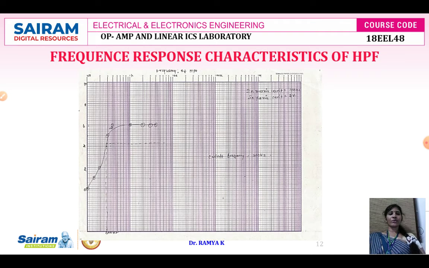For the HPF, the cutoff frequency is 300 Hz.